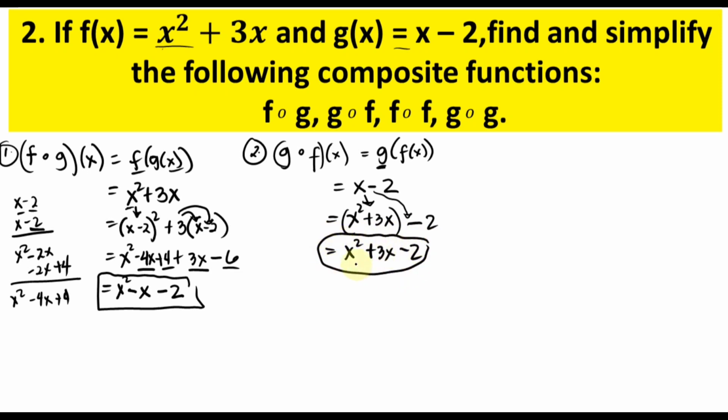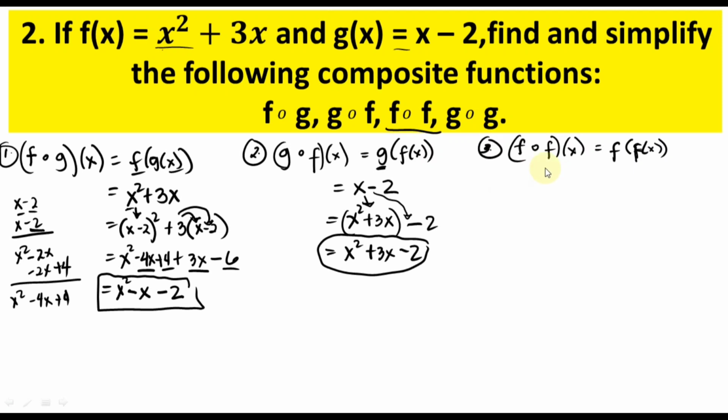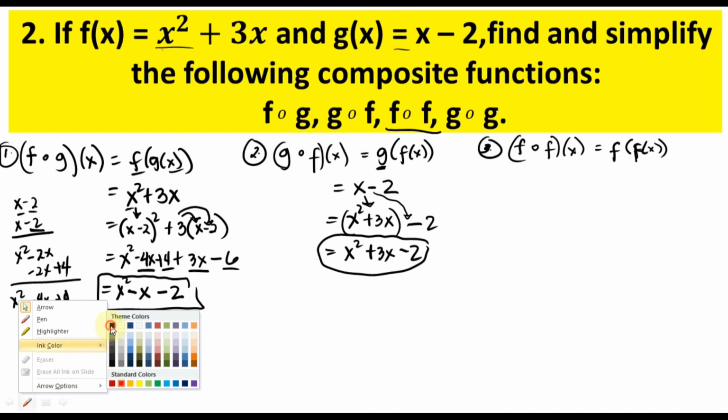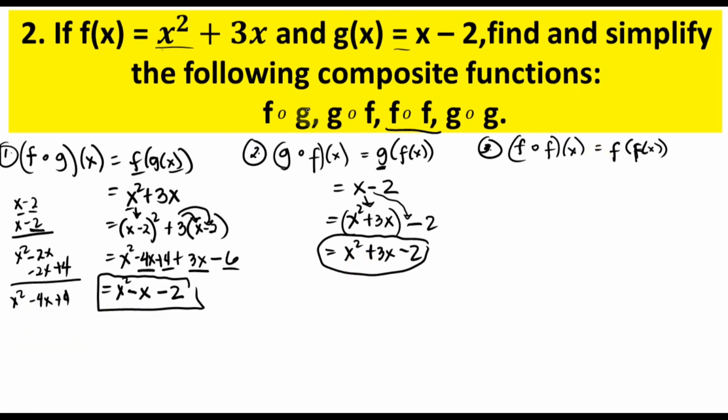Then example number 3, we have the composition of f with f of x equals f times the quantity of f of x. So again, ano yung value ng f of x natin?